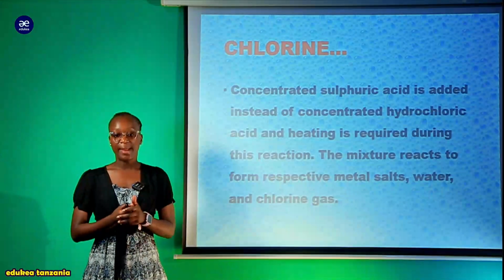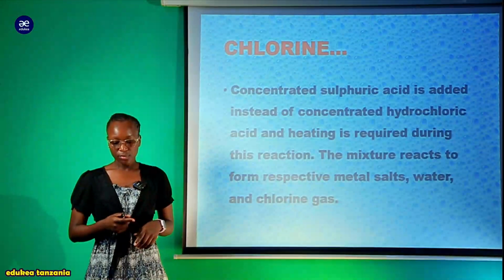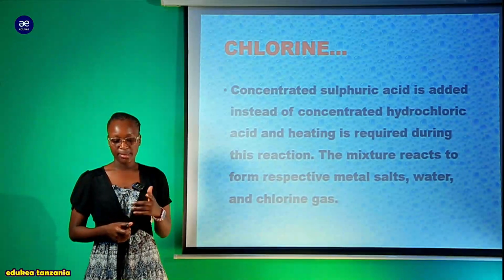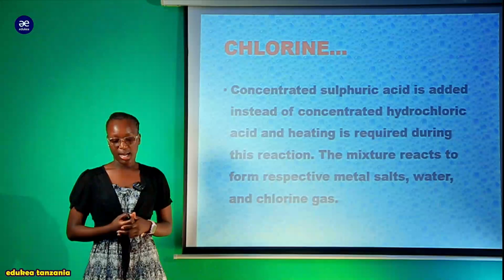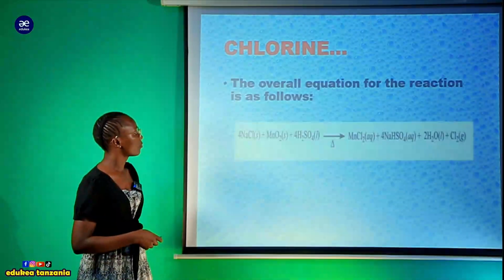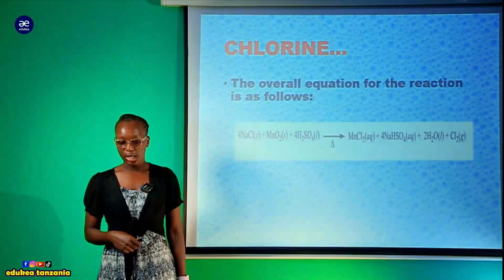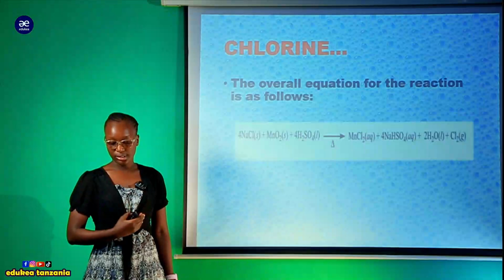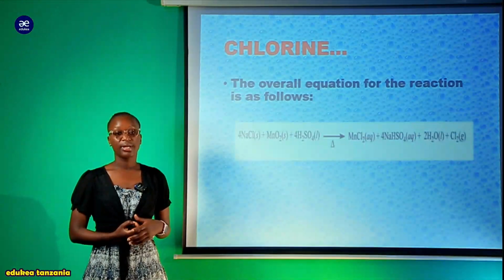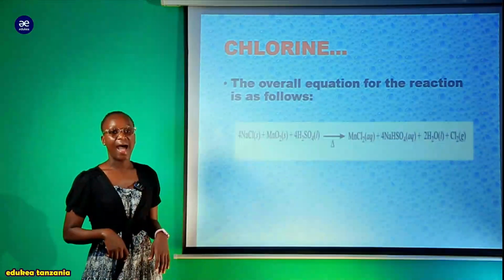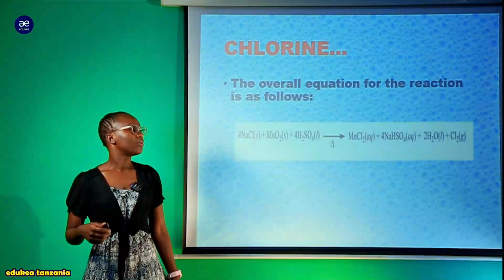Then heating is applied and required during the reaction, and the mixture reacts to form their respective salt, water and chlorine gas. This is the simple overall reaction which shows how the metal salts and chlorine gas are formed through these other ways of producing chlorine gas.